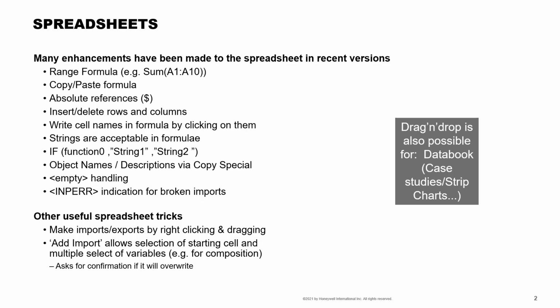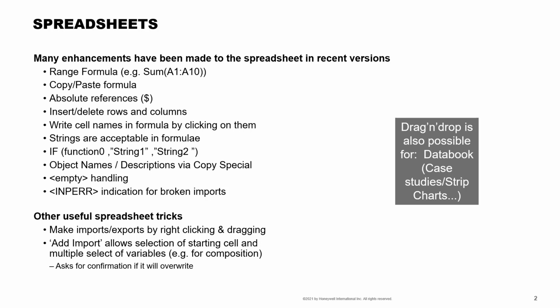If you need to modify the spreadsheet by inserting or deleting rows and columns, then that's possible as well, just by right clicking and choosing inserting or deleting. Everything else updates automatically. One of the major benefits of the UniSim design spreadsheet is that it's embedded in the model, and you can easily import any values from anywhere in your simulation directly into the spreadsheet to make use of them in calculations.